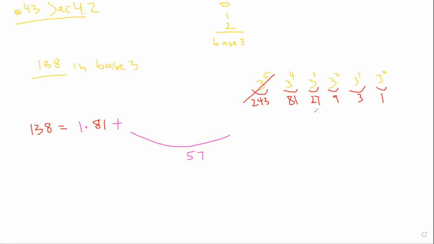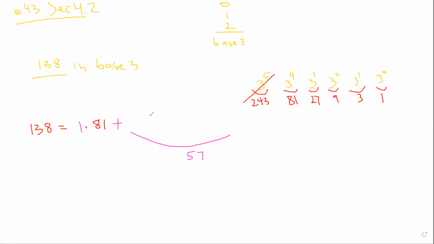Okay. So once I took care of 81, now I move down to 27, and I see that 27 does fit in 57. In fact, does it fit once or twice? If I multiply by 2, it'll be 54, right? It's already too much? Oh no, it'll be fine.